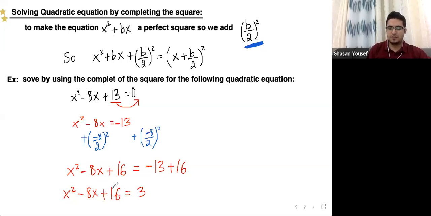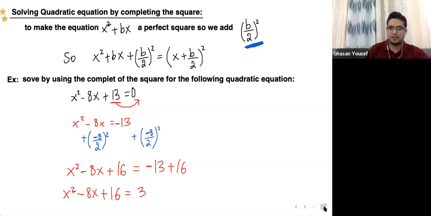I'm looking for two numbers whose product is 16 and whose sum is minus 8. So the two numbers are minus 4 and minus 4. Minus 4 times minus 4 gives me plus 16, and the sum of minus 4 plus minus 4 gives me minus 8, this middle term.